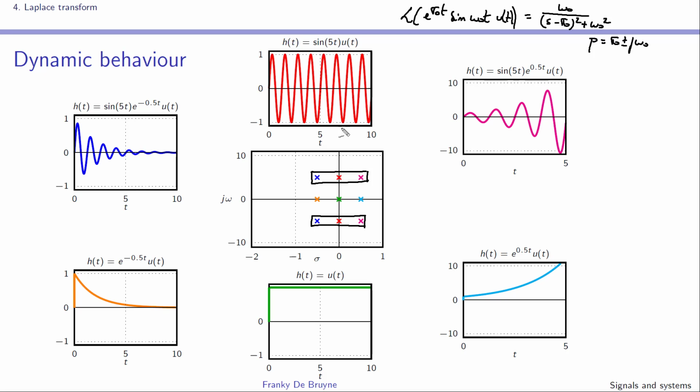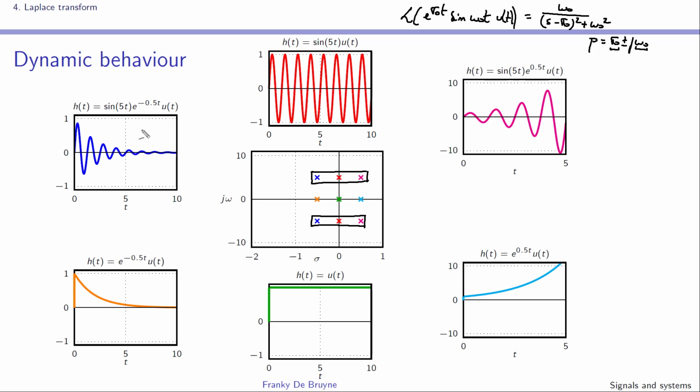Well, we have a system with an impulse response that is really a sine. And as I said before, an example of such a system is a pendulum system. Remember that you can see the real part of the pole in the exponential, right? And you can see the omega 0, the imaginary part of the pole, in the frequency of the sine.